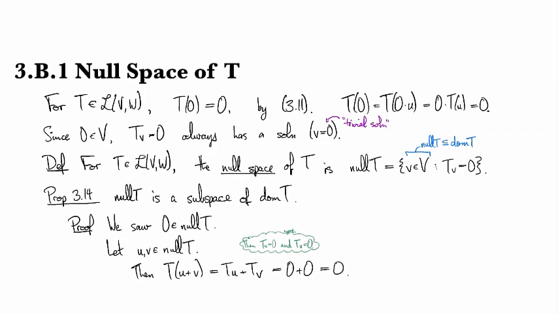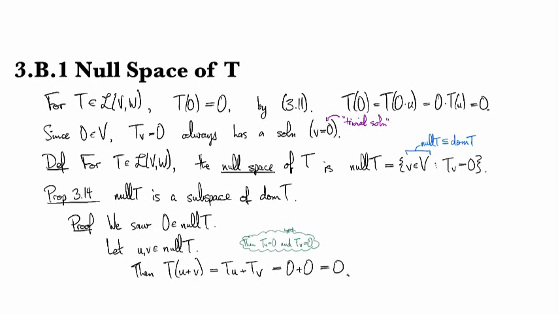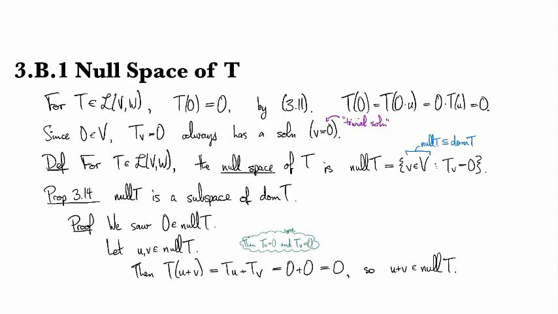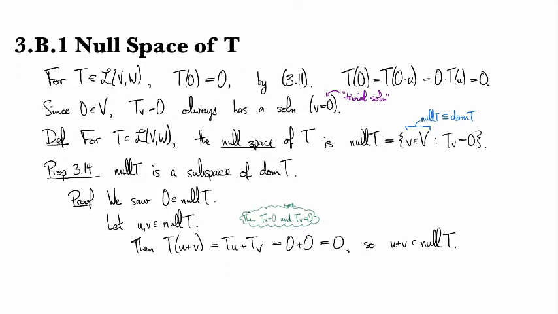And now, looking from start to finish here, I can see u plus v is something that gets sent to 0. Therefore, by definition, u plus v is an element of the null space of T. All right. Then we do the same thing for closure under scalar multiplication.